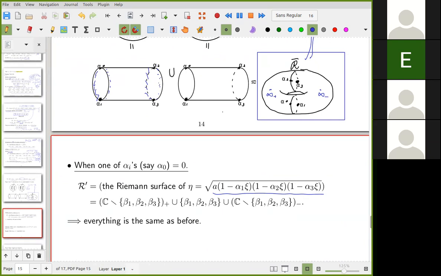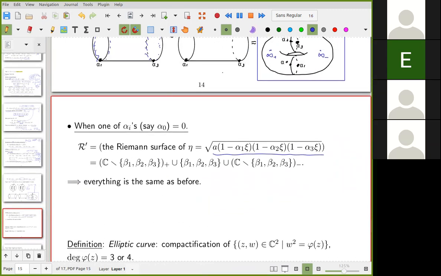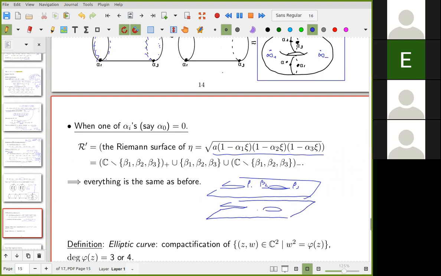In this case we construct the Riemann surface by gluing two such sheets with such cuts, but just identify infinity with zero.